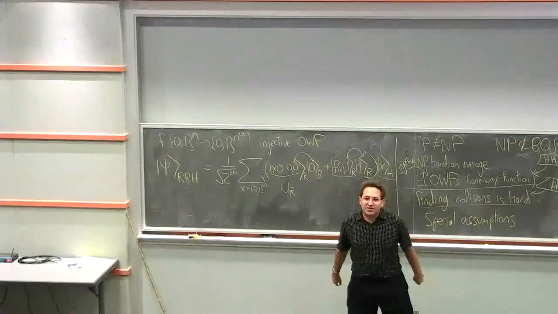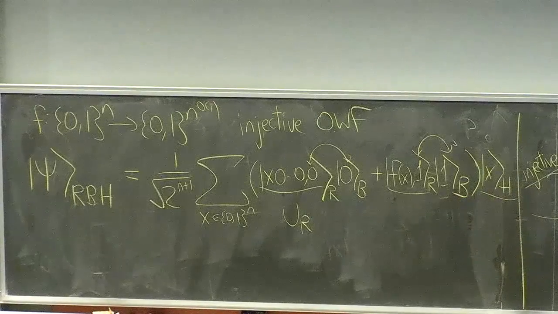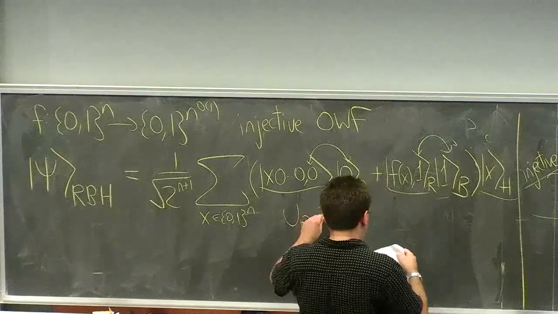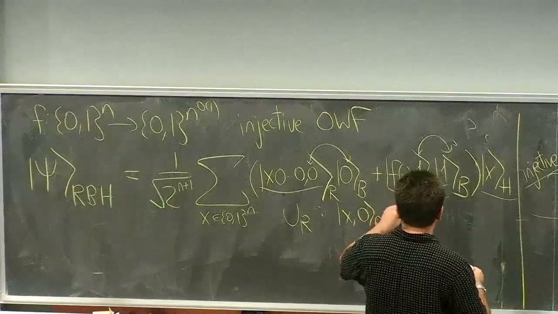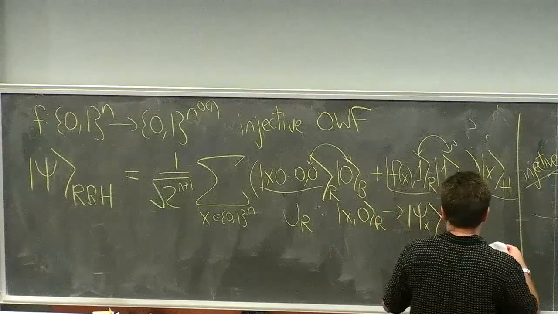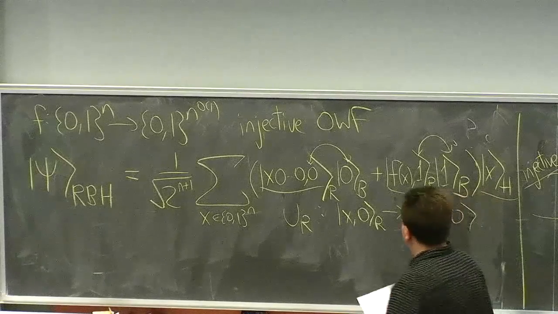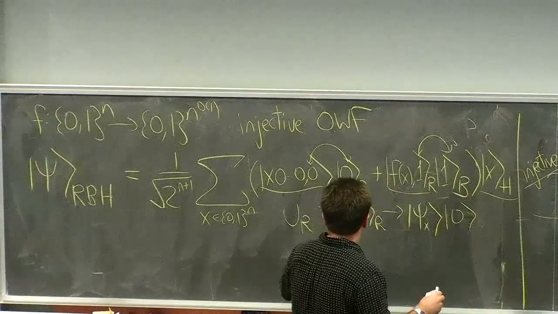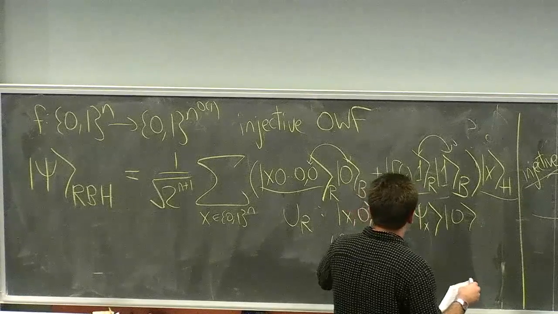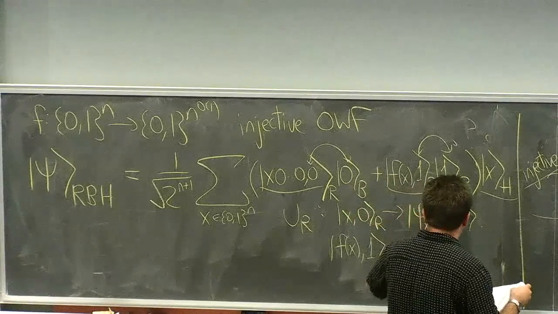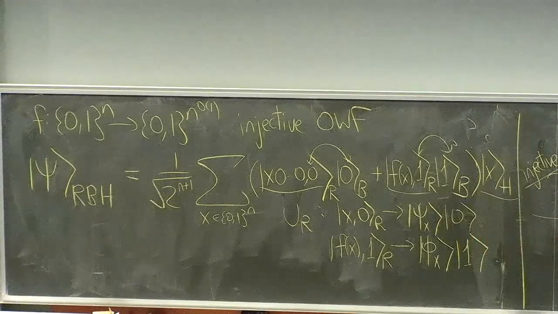Now, I claim that we can assume without loss of generality that U sub r maps basis states of the form x, comma 0 to output states of the form psi sub x, 0, and that it maps basis states of the form f of x, comma 1 to outputs of the form phi sub x, comma 1, for some psi's and phi's.